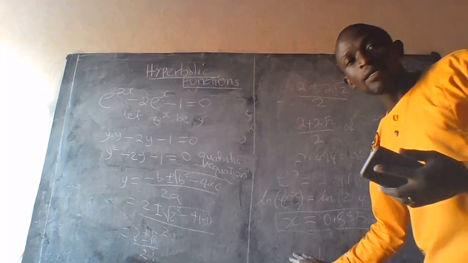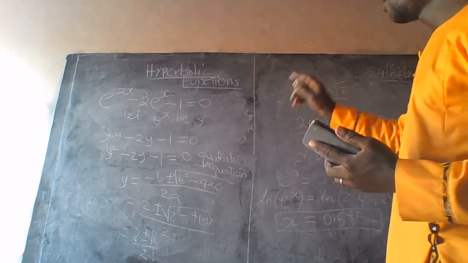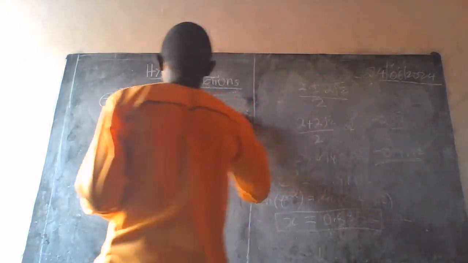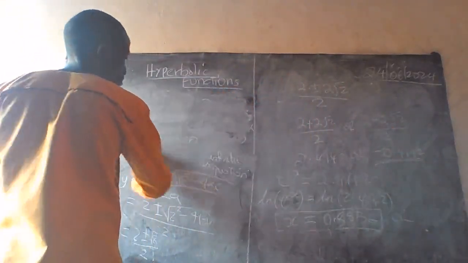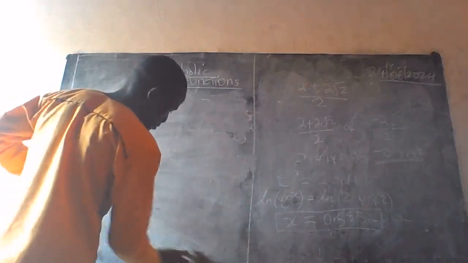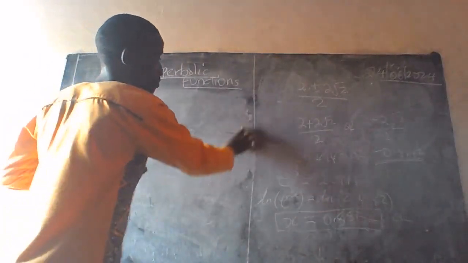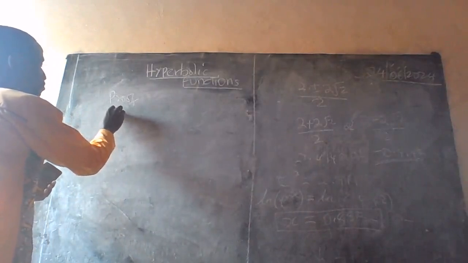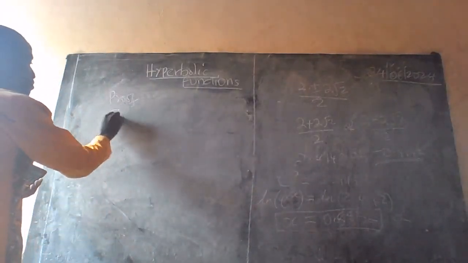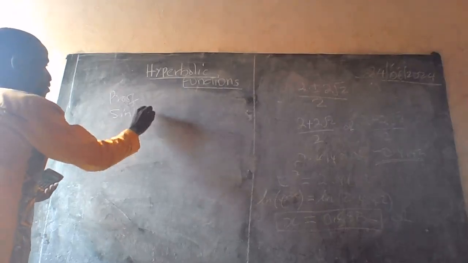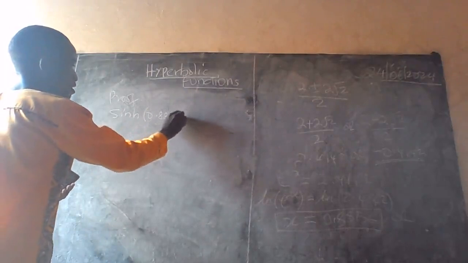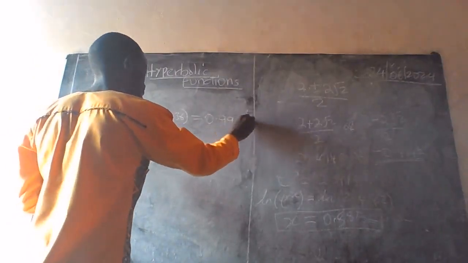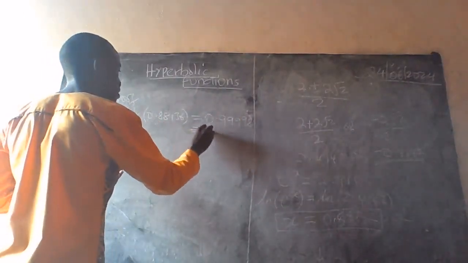Proof: sinh 0.88136 is equal to 0.99998, which is approximately 1.